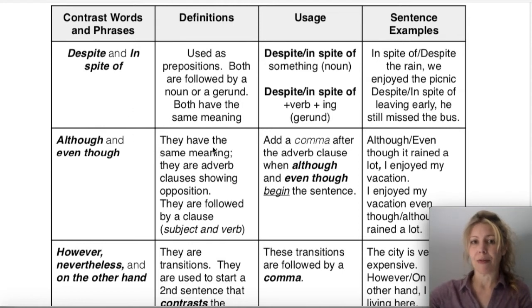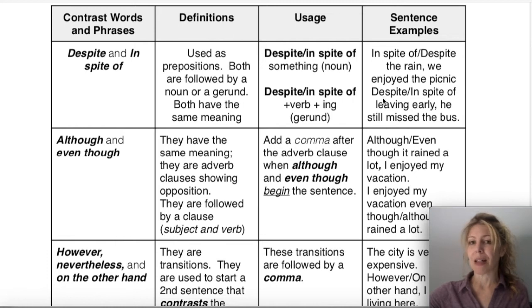For example, we could say, in spite of the rain, we enjoyed the picnic. The rain didn't affect how we enjoyed the picnic. You know, it rained, but we still enjoyed the picnic. You could say, despite the rain, we enjoyed the picnic.